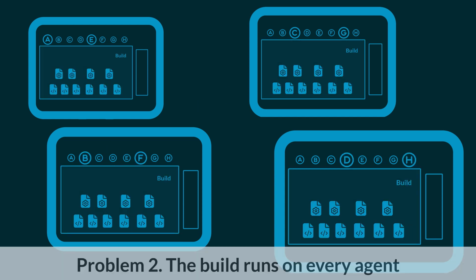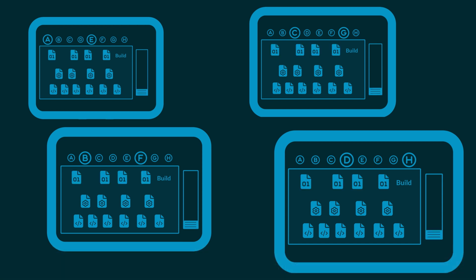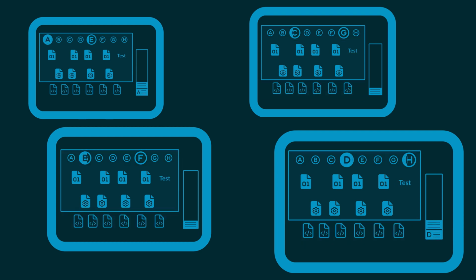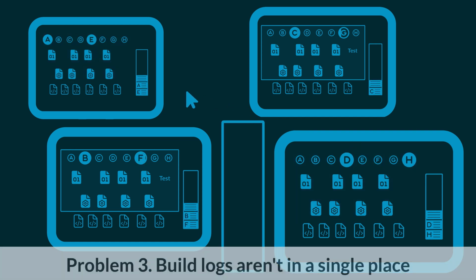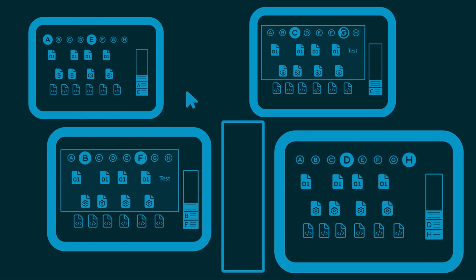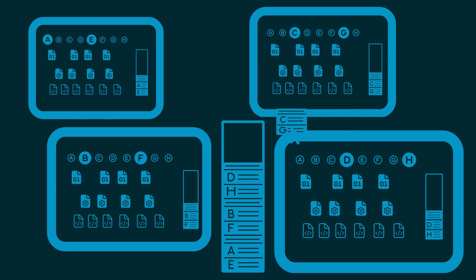Even worse, we're running the build process on every agent. Each agent is assigned some tests, but it has to run the build before it can run the tests. That's extremely inefficient. When all of those agents are finished, we can either leave all of the build logs and test reports on separate machines or come up with some way to put them together.